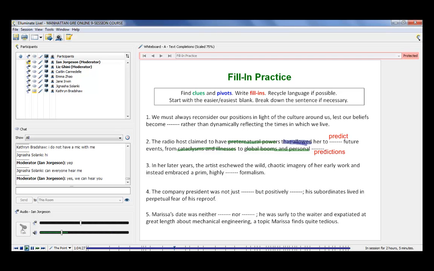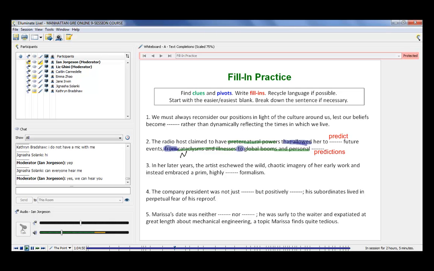All right, and I think I agree with you on the first blank, but I've got a little bit of a disagreement on the second blank. And I think it came down to the pivot for the second blank, which is actually this idiomatic phrase, from cataclysms and illnesses to global booms and personal whatever, right?